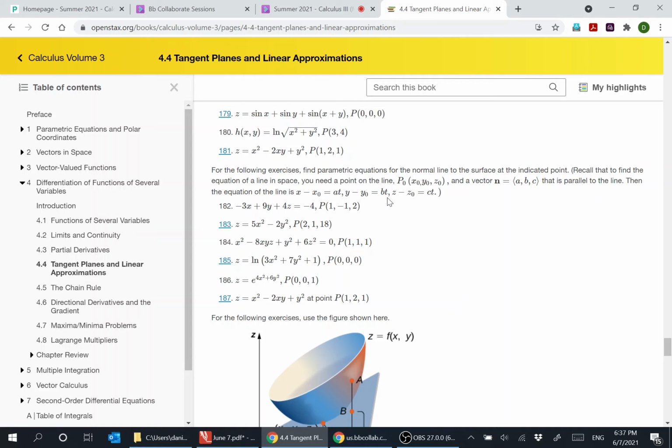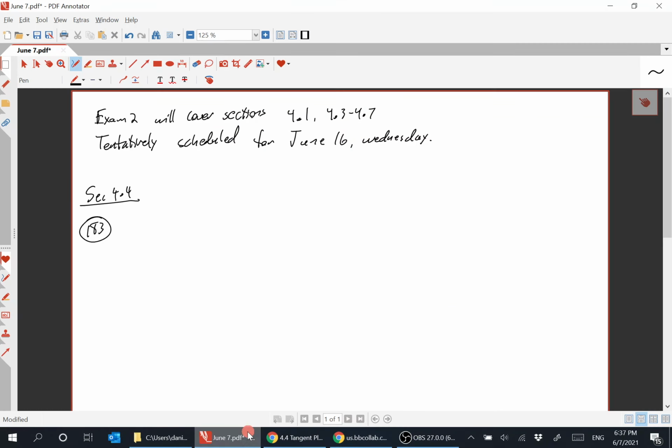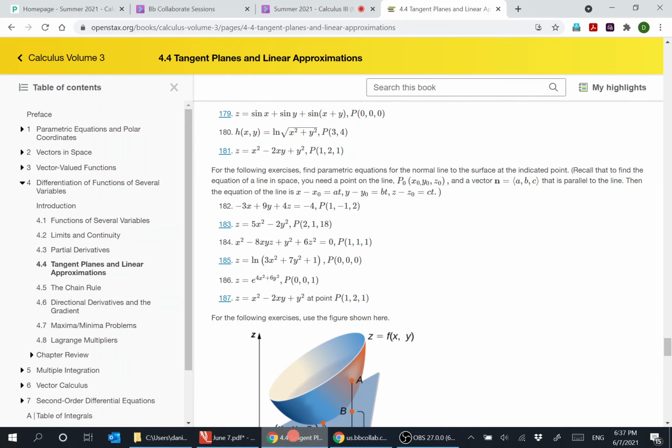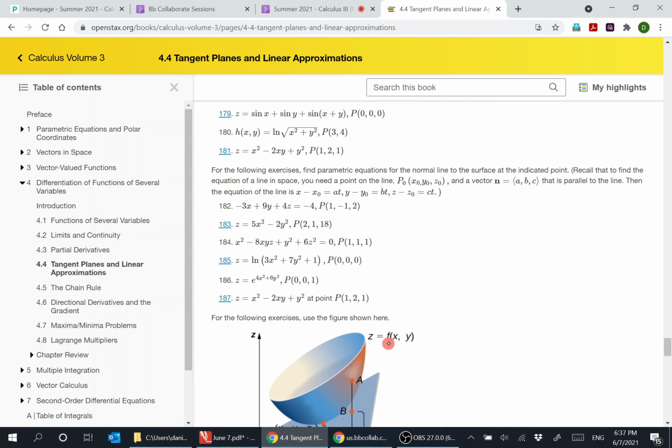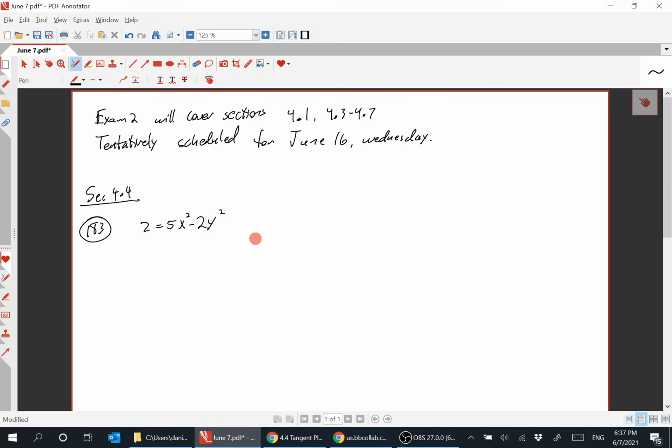So in 183, we have z is 5x squared minus 2y squared. Find the normal line at 2, 1, 18.